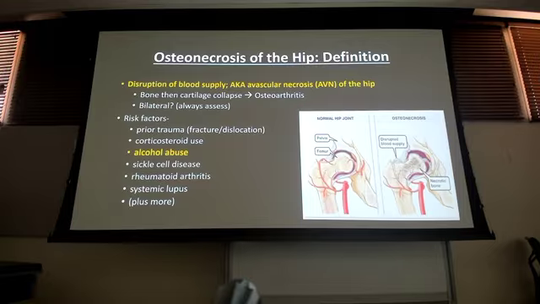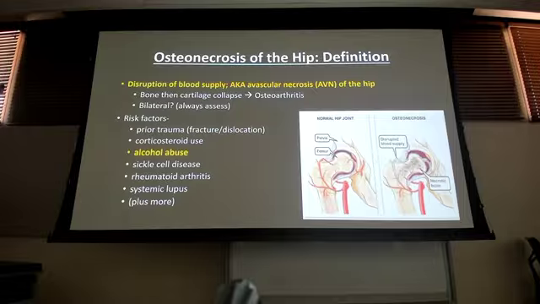So if there's some kind of disruption to that supply, could the head of the femur start dying? The answer is yes. Because a disruption of the blood supply leads to avascular necrosis, and that can lead to osteonecrosis of the hip, because they're the same thing. So don't let that throw you off. Avascular necrosis is the same thing as osteonecrosis when it comes to the discussion about this condition.